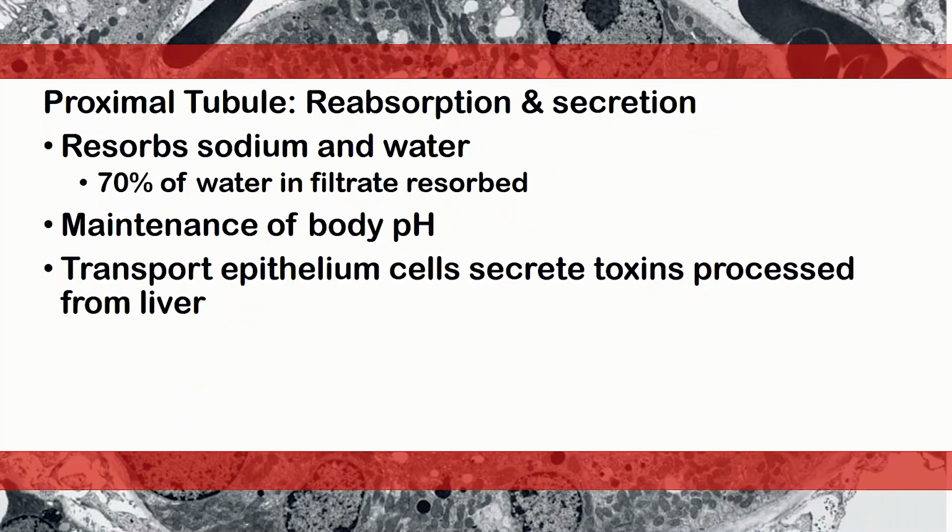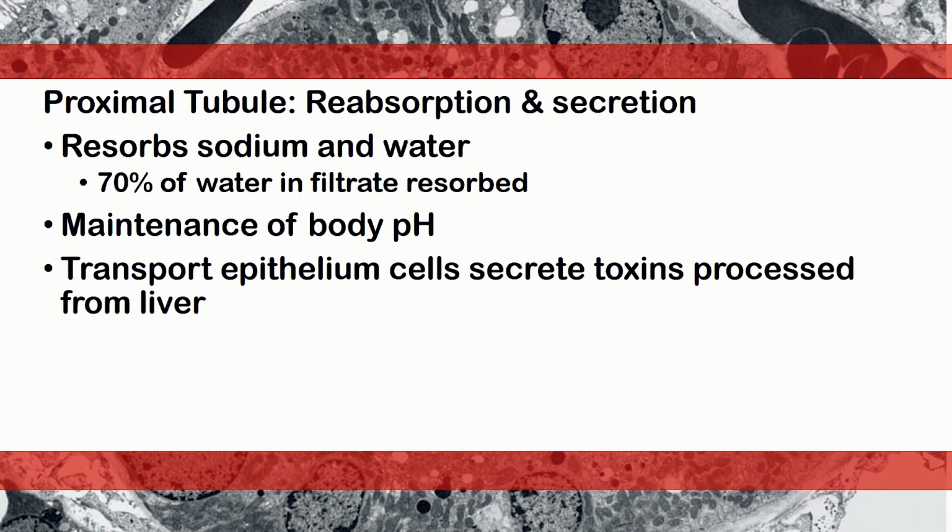The proximal tubule is going to be the primary place where sodium and water is resorbed within your kidney. Up to about 70% of the fluid that flows in through the glomerulus is resorbed in the proximal tubule. This is being driven by the resorption of sodium and chloride.